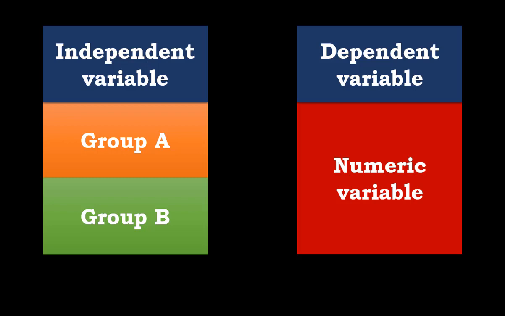So we cannot randomly assign participants to be children or to be adults. They are already what they are. Another example is gender. We cannot assign people to gender. People have a gender and we want to see the difference in some numerical variable.